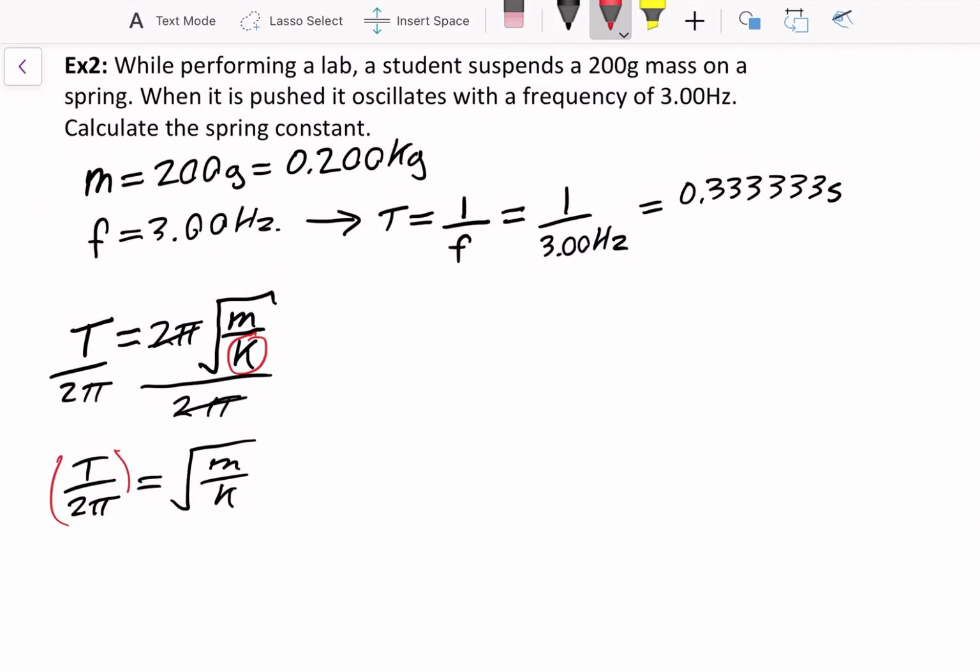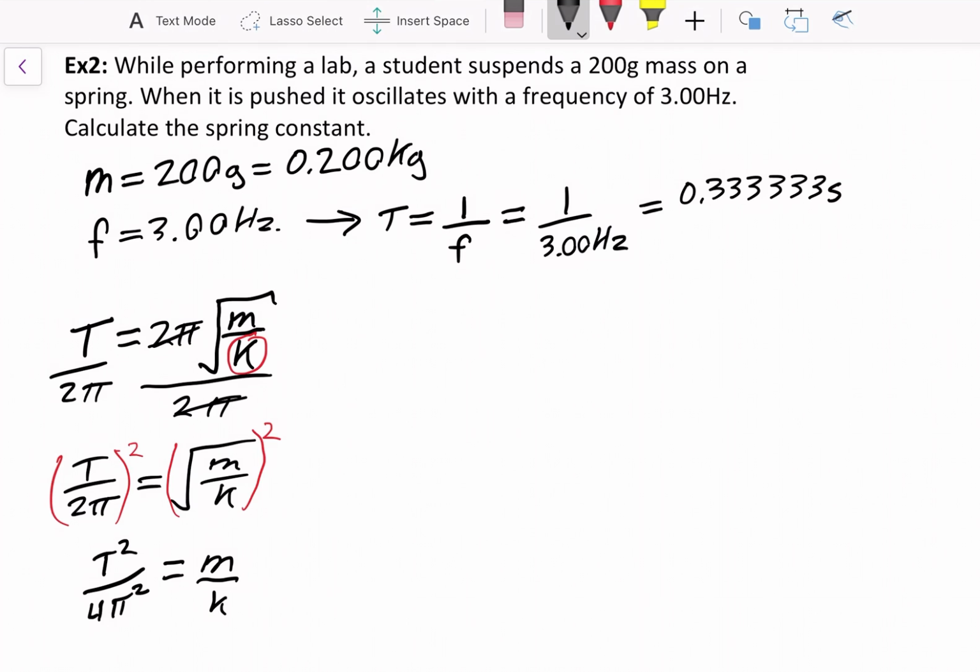We'll square both sides to get rid of the square root, so we have T squared over 4 pi squared, I'm just distributing the exponent, is equal to m over k.